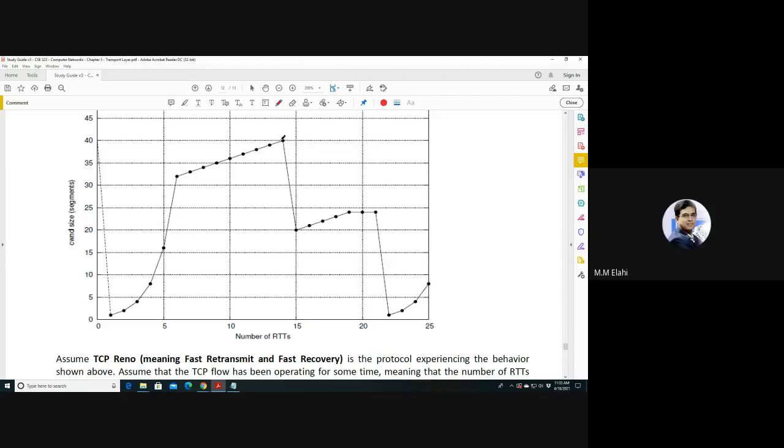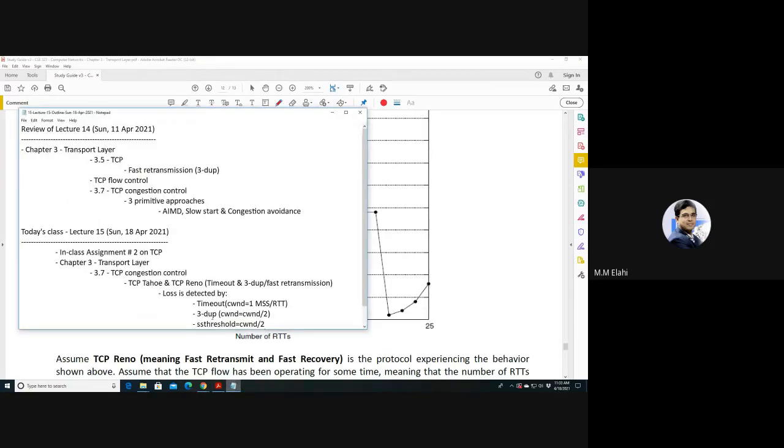We have to know whether the system detected it by timeout or by 3 duplicate ACKs. So we can have 2 types of questions here. If it is detected by 3 duplicate ACKs, then the rate will be half.